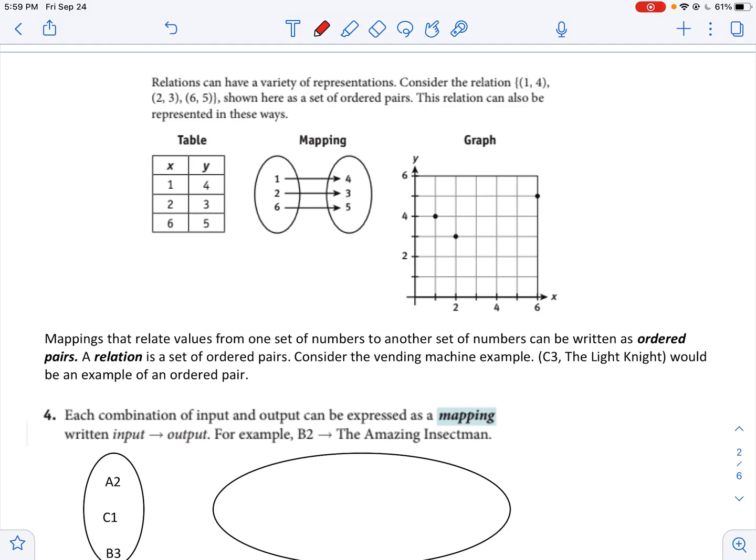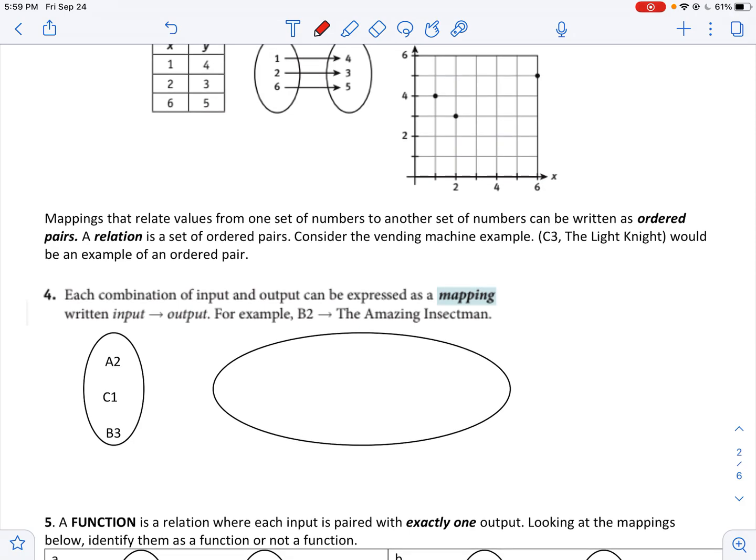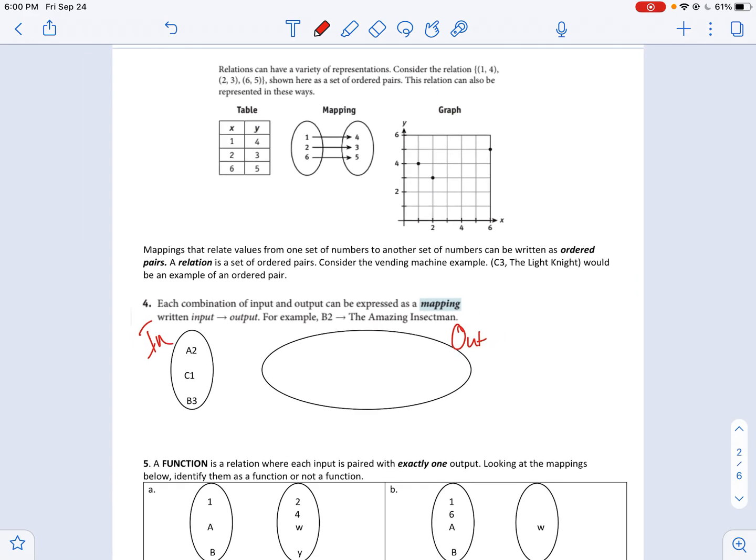Okay, let's look at some different ways we can talk about functions. We can do tables, we can do mappings, we can do graphs. So here, on question 4, each combination of input and output can be expressed as a mapping, where my inputs are on the left and my outputs, the DVDs, are on the right.